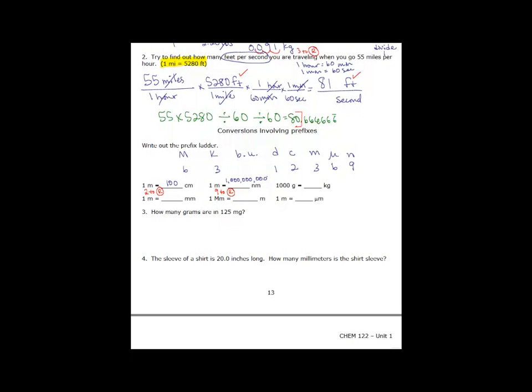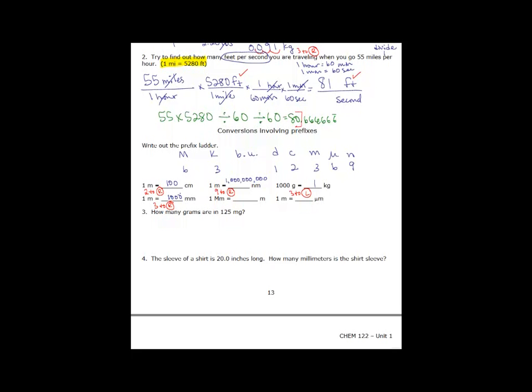1 billion nanometers. Grams to kilograms, so grams, I'm going to go 3 to the left. So 1,000 grams is 1 kilogram. 1 meter to millimeters, go 3 to the right, so it's 1,000 millimeters.